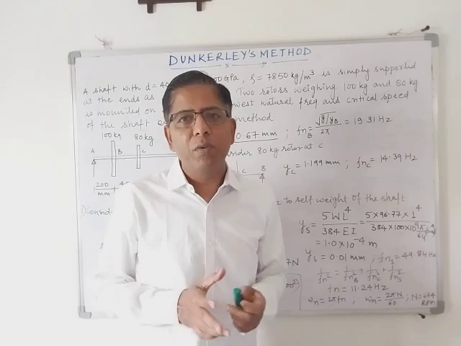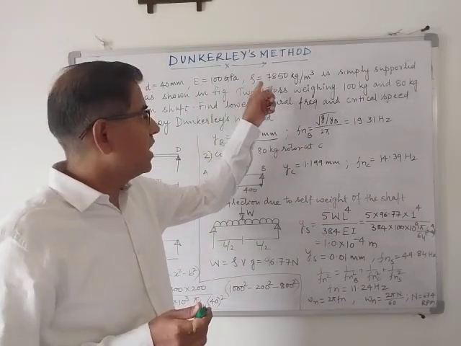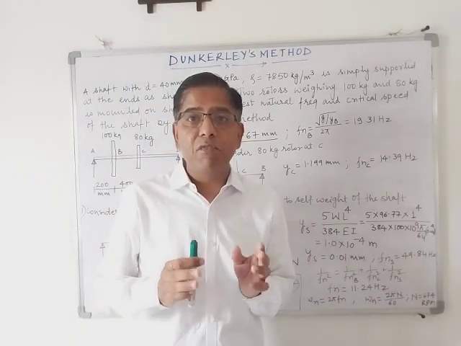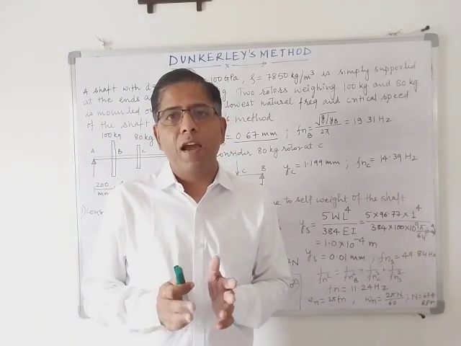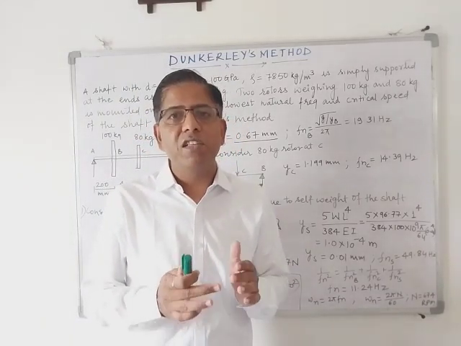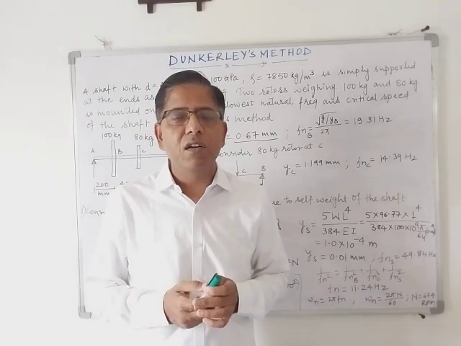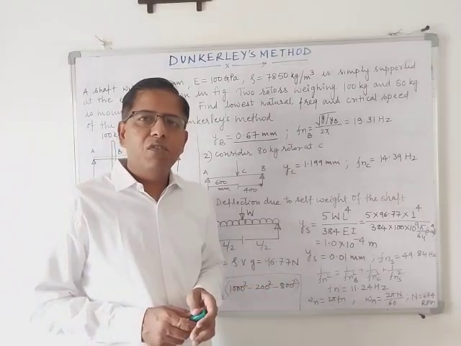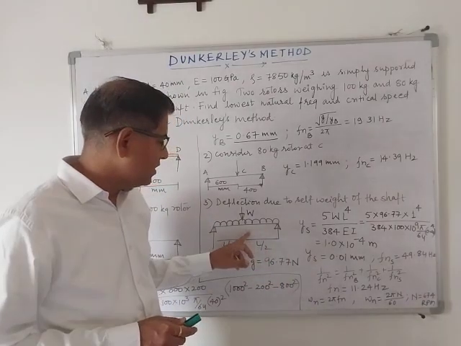Now here in the previous problem there was no weight of the shaft to be considered, but in this problem, since the density of the shaft is given, we need to consider the self weight of the shaft also, and because of the self weight there is some deflection in the shaft, and the shaft is modeled as this.